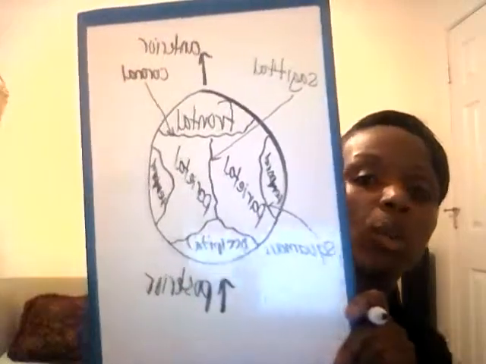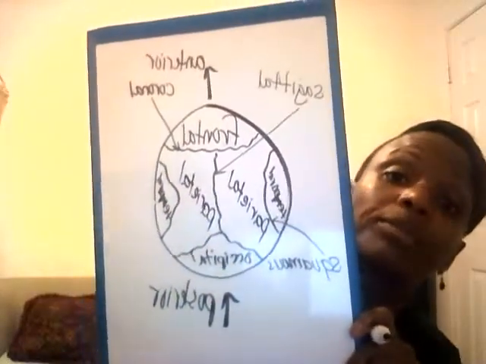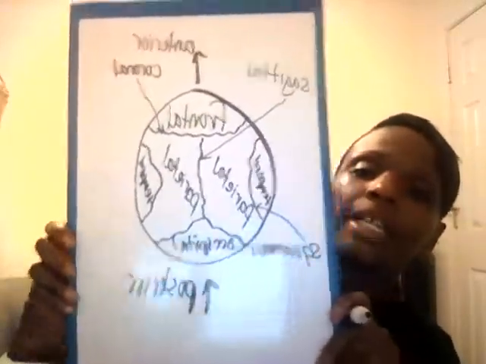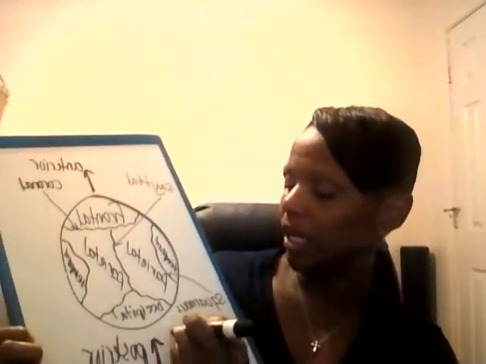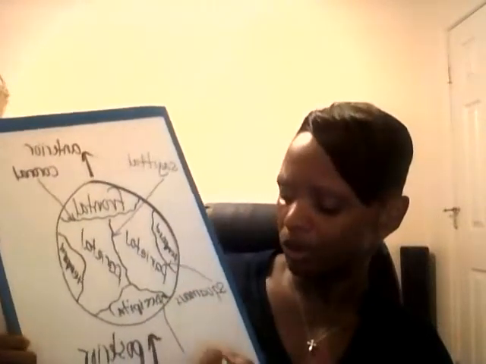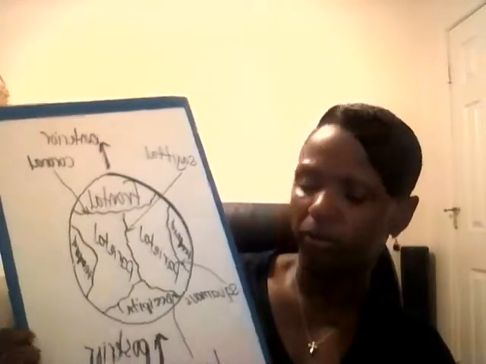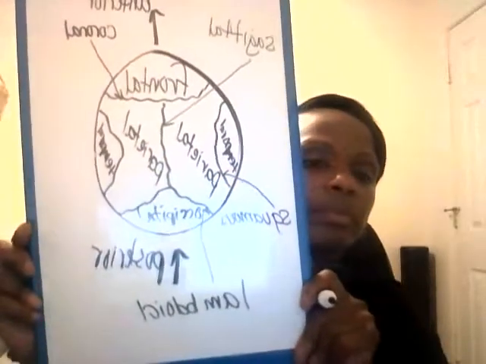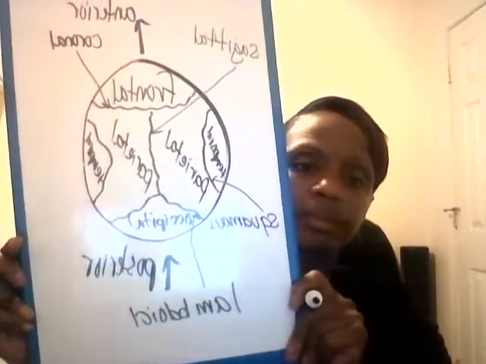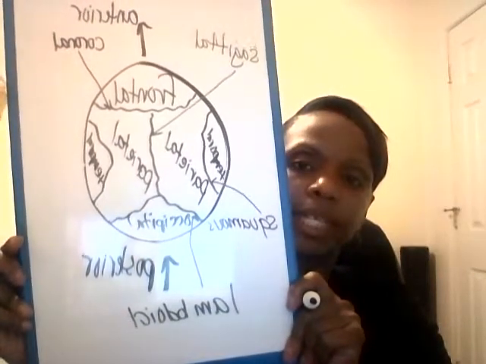I'm only writing it on one side, but it's on both sides. And then finally, the most posterior suture of the cranial bones is the lambdoid.